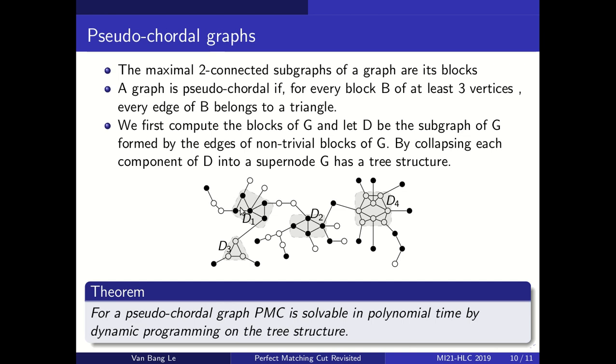So we have these supernodes D1, D2, D3 and D4, and then we see that collapsing those into a single node, we get this tree structure. And by a fairly standard dynamic programming algorithm going bottom up on this tree structure, we are able to solve the perfect matching cut problem in polynomial time on these graphs.